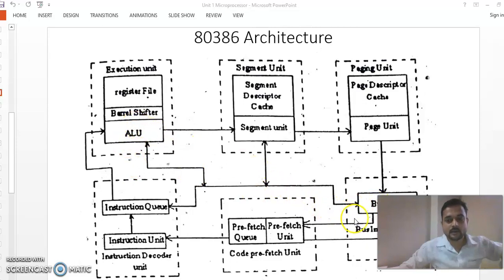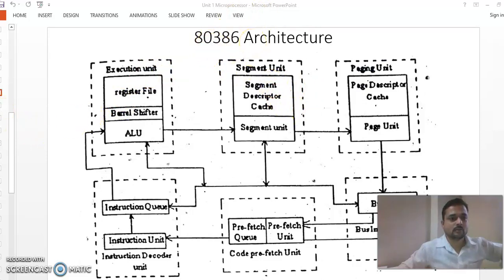The 80386 microprocessor has the bus interface unit, execution unit, and memory management unit. That is the advantage of the 80386 microprocessor.